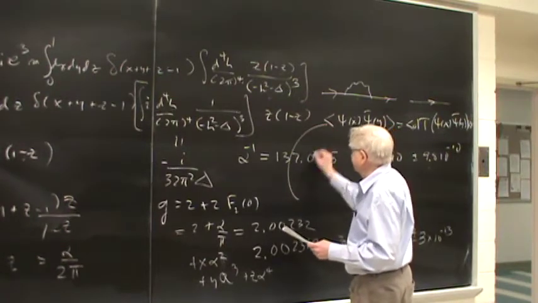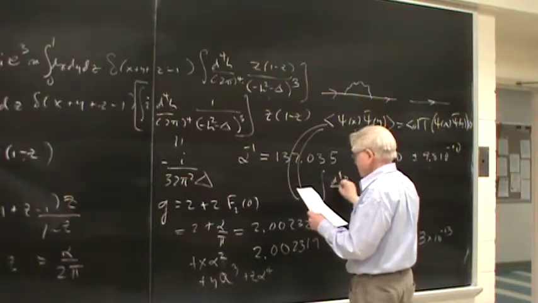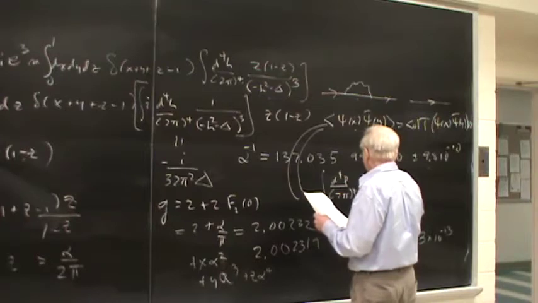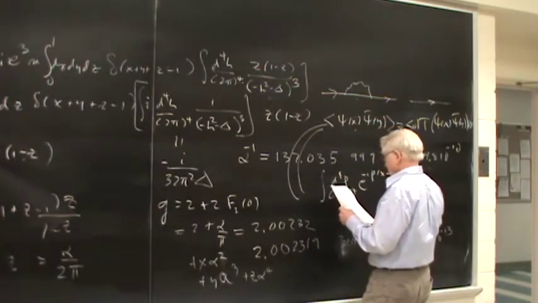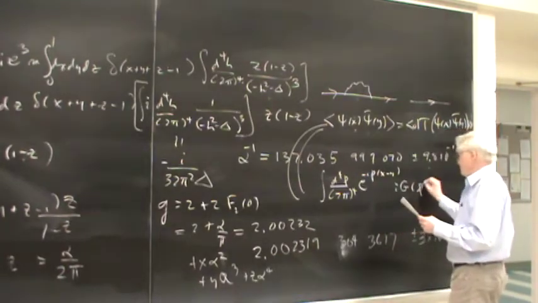We can then say that this thing is equal to the integral d^4p over (2 pi)^4 e^(-ip(x-y)) times i G(p slash).